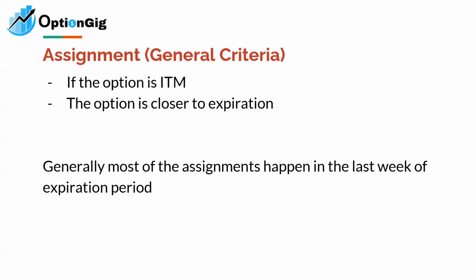It is in the money. Before it gets assigned to me, I will take a corrective measure. That's where it is important to know. Now, most of the time, it will happen in the last week. So for June expiration, assignment should start to kick in from next week onwards. But exceptions exist, and you could be assigned earlier.